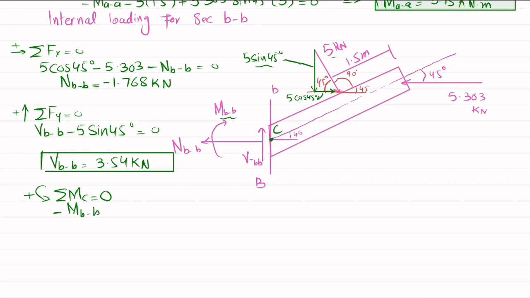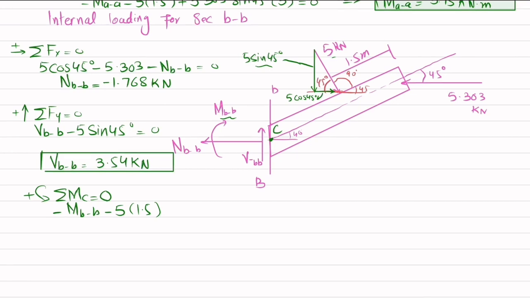The other moment is produced due to this 5 kilonewton load, and the perpendicular distance between this 5 and C is 1.5, and this is also producing clockwise, so it will be negative. So I will write minus 5 into 1.5.